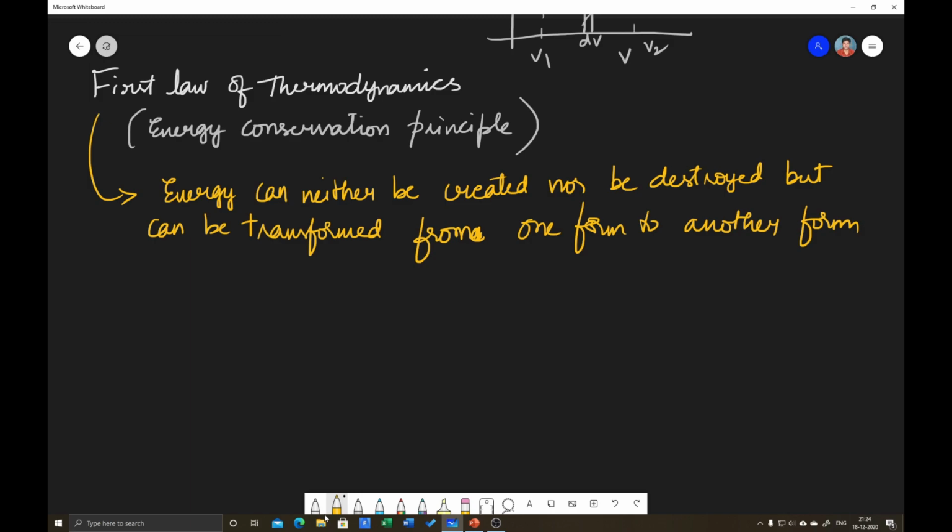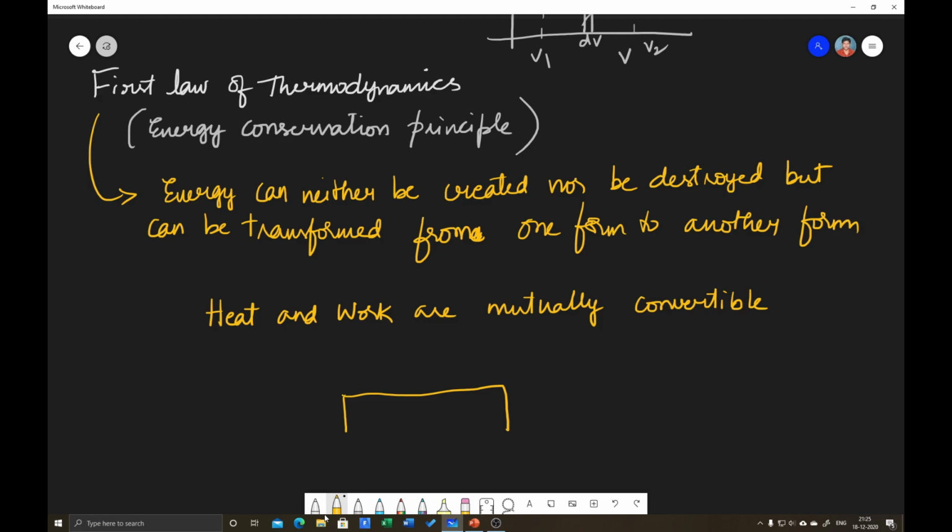Whereas in thermodynamics, it can be rewritten like this: heat and work. These two are the main quantities which we are studying in thermodynamics. Heat and work are mutually convertible. Mutually convertible means heat can be converted into work and work can be converted into heat. If you have any doubt that work cannot be converted into heat, say suppose there is a rough surface and another block which is having rough contact.